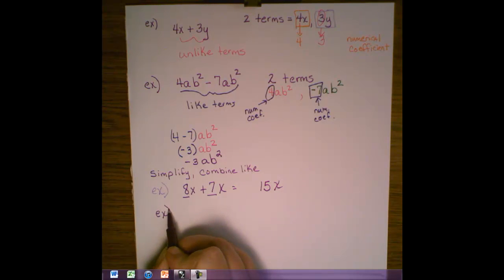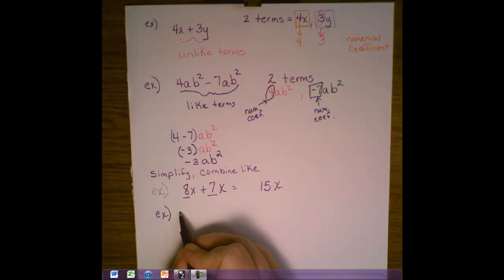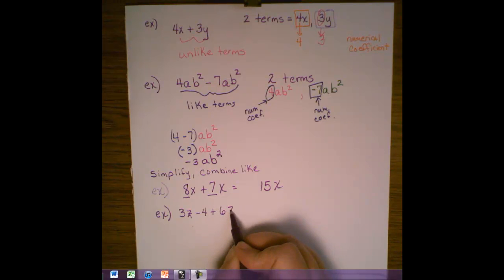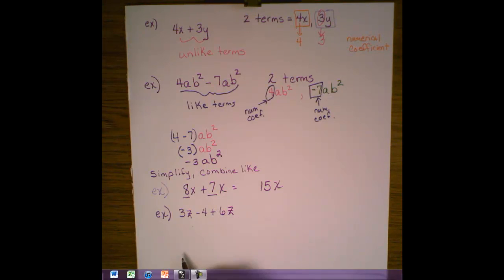Let's look at our next example. 3z minus 4 plus 6z, and we want to add our like terms.